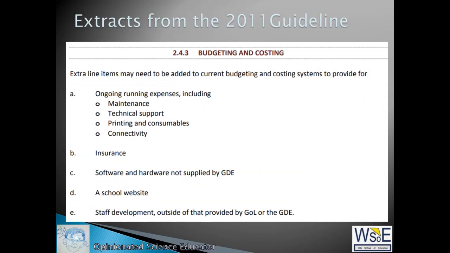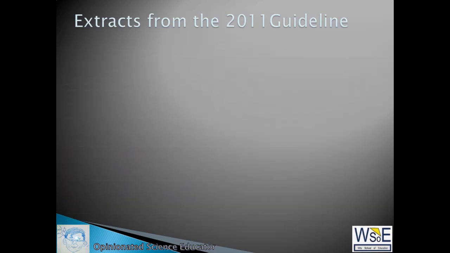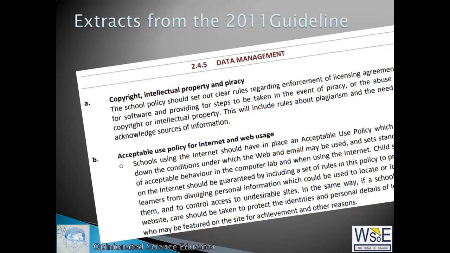These have to be budgeted for within the school's budget, and it must include insurance. Then there is a section on data management about copyright, intellectual property, and piracy, and acceptable use policy for internet and web usages.